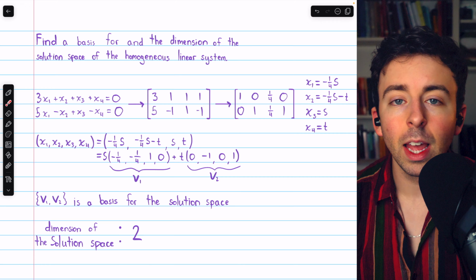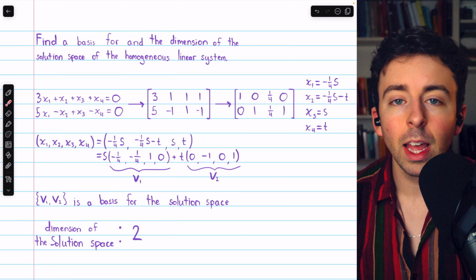So what do the solutions to this homogeneous linear system look like? Well, they look like this, which in vector form, we have four unknowns, x1 through x4, looks like this. x1 has to be negative 1/4 s, x2 has to be this, x3 is a parameter s, and x4 is t.